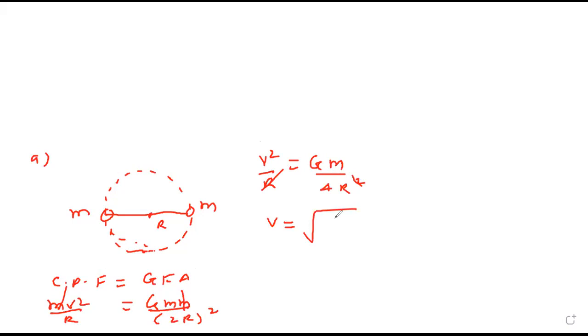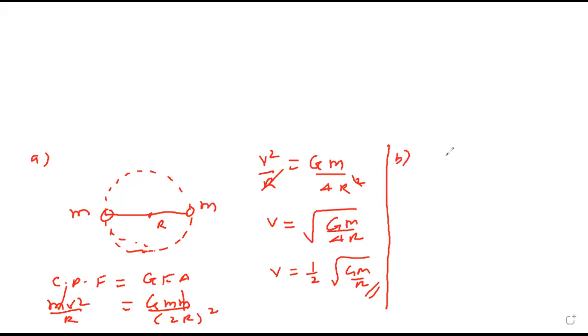Therefore v is root of GM upon 4r, which is 1 by 2 root of GM by r. Don't forget, centripetal force is gravitational force of attraction. If you can manage to remember root of GM by 4r, okay, otherwise you derive in the exam.